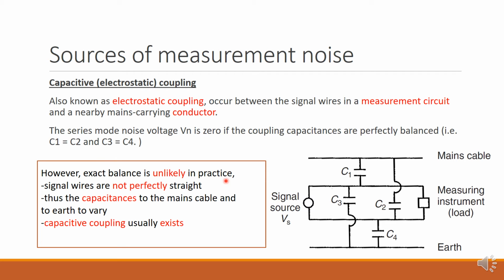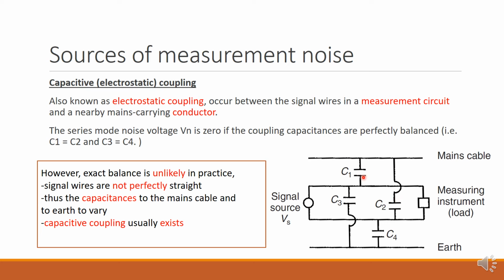is unlikely in practice because wires are not perfectly straight. If the wire is not perfectly straight, it will cause a different distance between this wire and another wire. So when there is a difference in distance, there is a difference in capacitance.